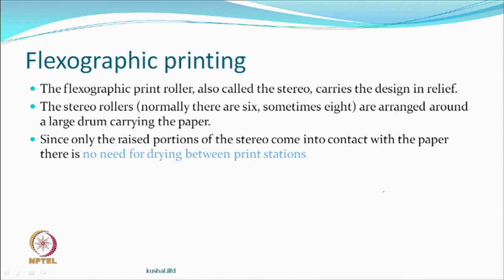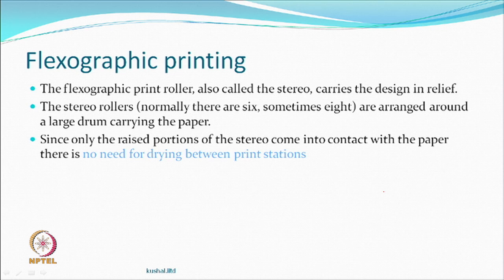So, what remains interesting is that as the raised portions come into contact with the paper, there is no need for drying between the print stations. So, you have one print color, then you do not really have to dry, because the other design is not going to be coming onto the print if everything is nicely civilized. So, there is no need of drying between the prints.